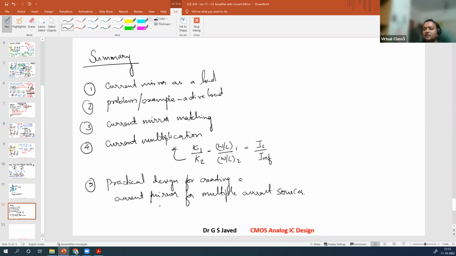Multiple current sources in the circuit, whether it is NMOS or PMOS. Okay. Great. Long class, but a very much deserving class that we need.